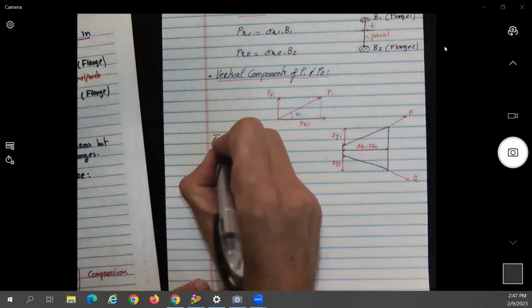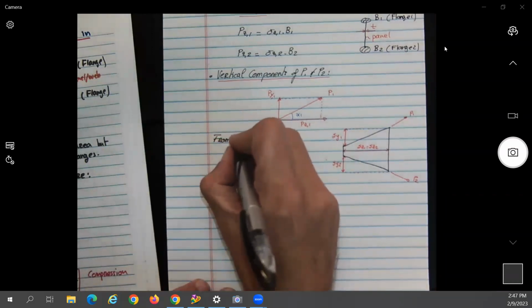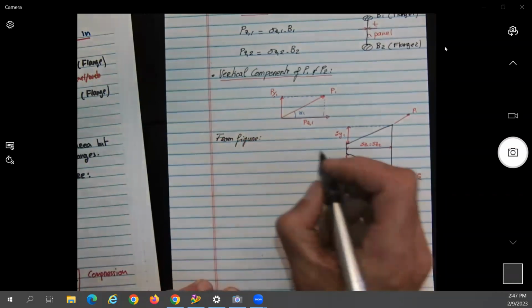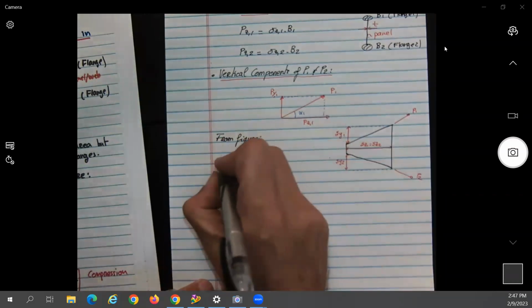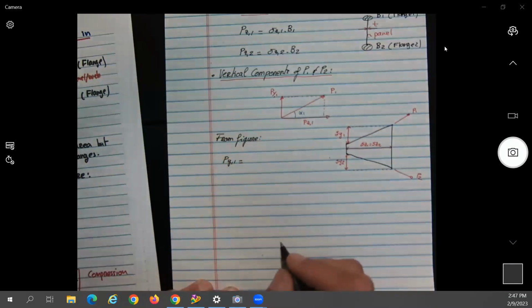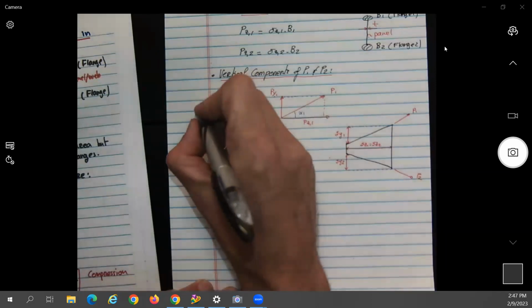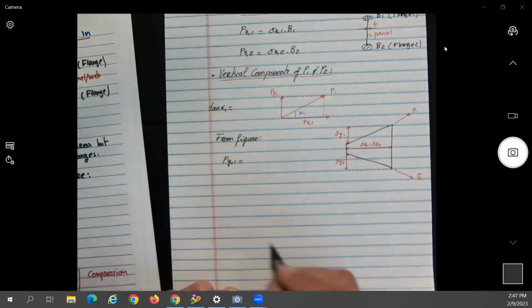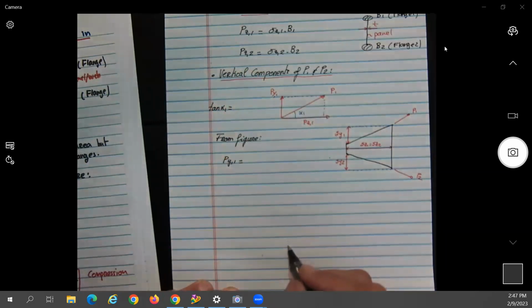So from the figure, again, this is very basic trigonometry. You can have that what? If you know PC1, okay, let's do maybe this. Let's come over here first. What would be tangent alpha 1?